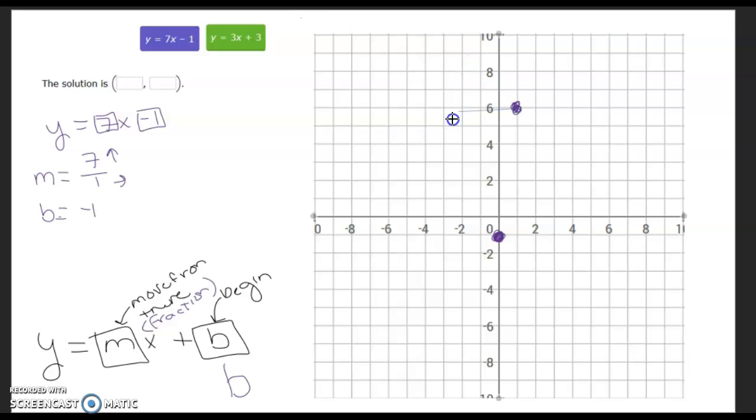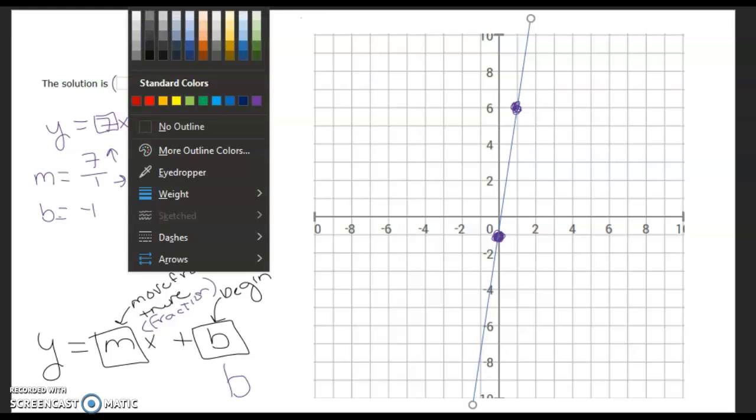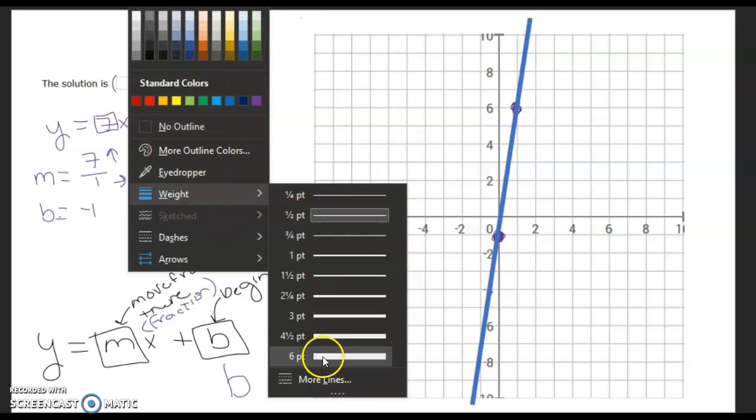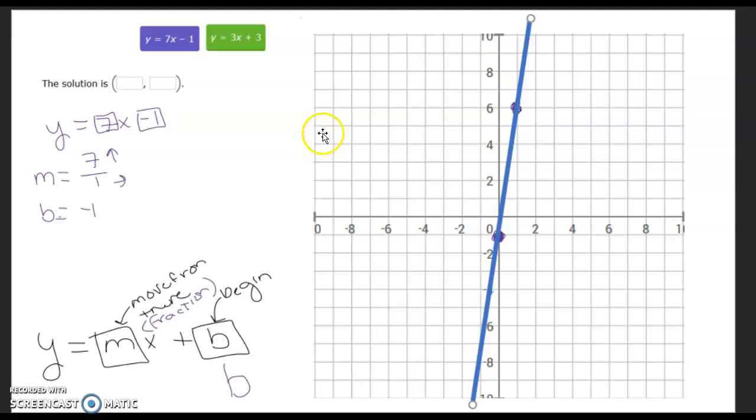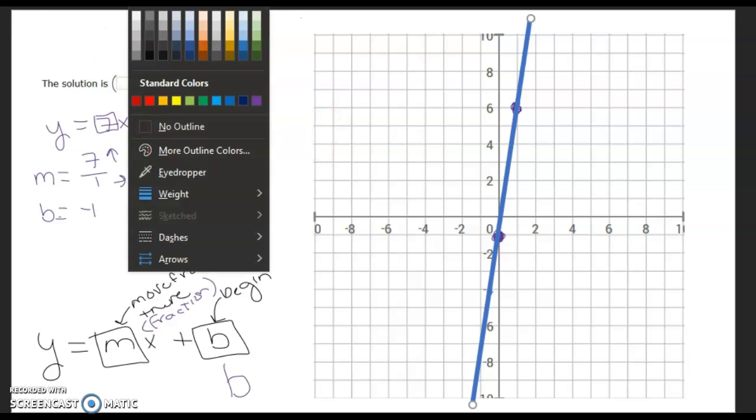I'm not very good at this line situation here. Okay, this is my line. Okay, it's really hard to see. Let me see if I can make it heavier. There we go. So that's line number 1.